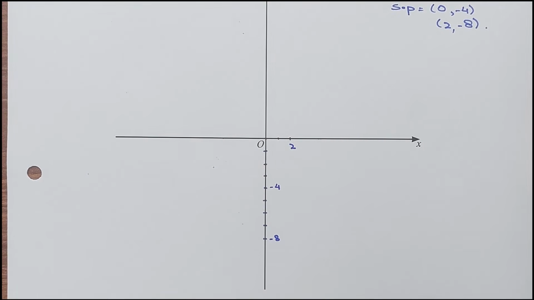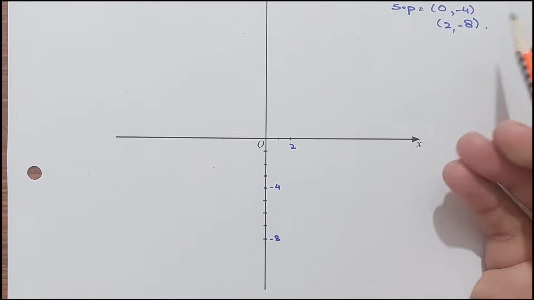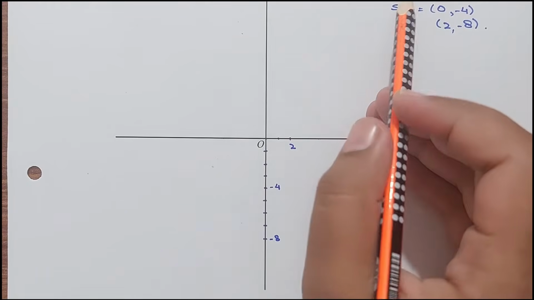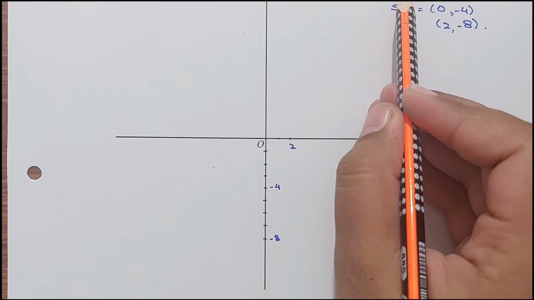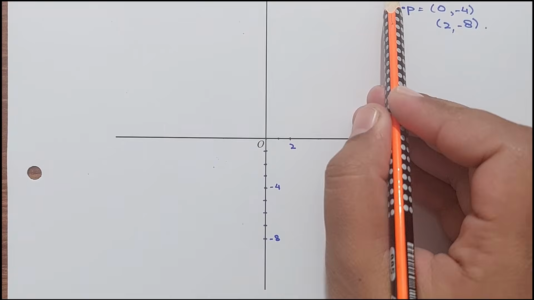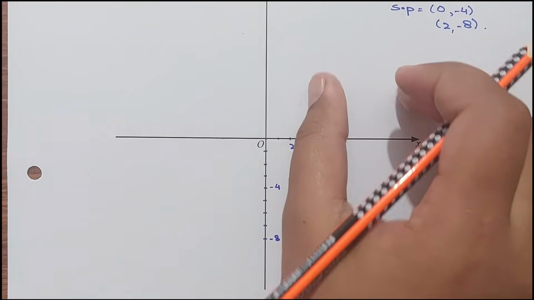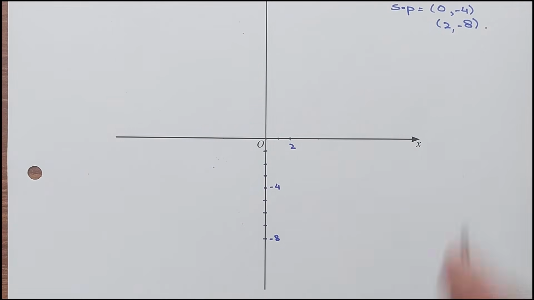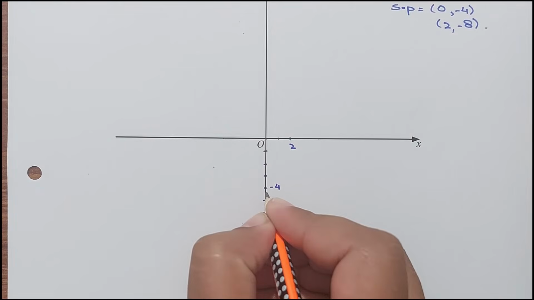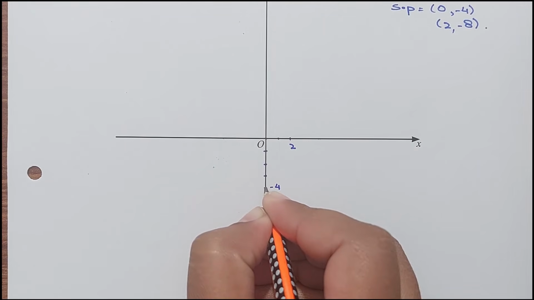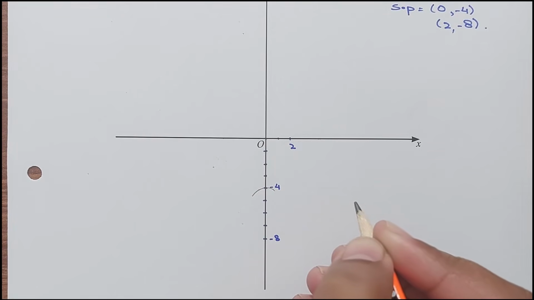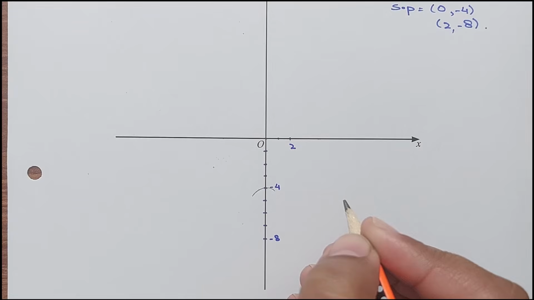All right, so let me sketch this graph. It's a cubic polynomial, so the end behavior is opposite. The leading coefficient is positive. We have the turning point, which is (0, negative 4). This is the first turning point where the graph turns, right? And the other turning point we have is (2, negative 8).